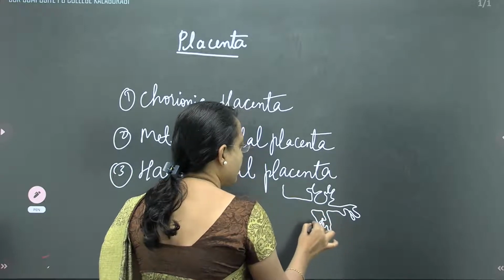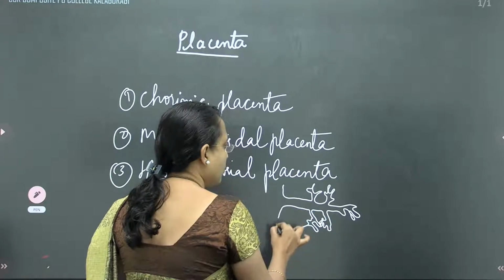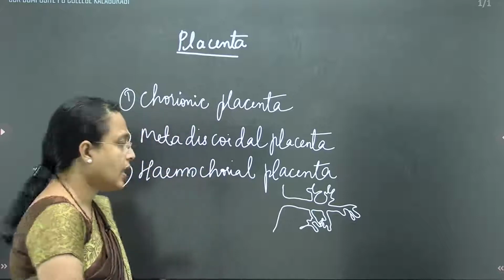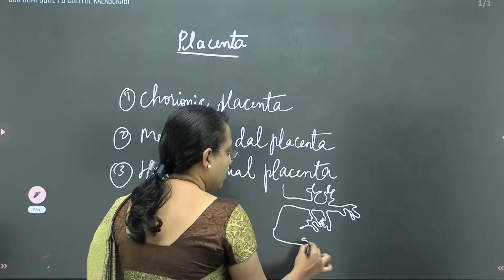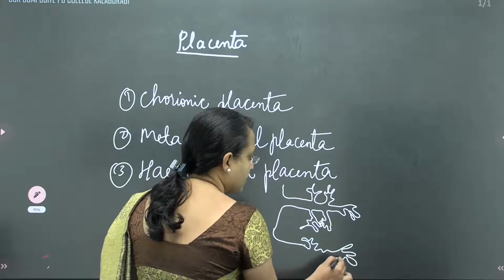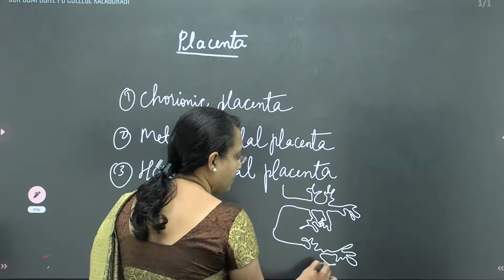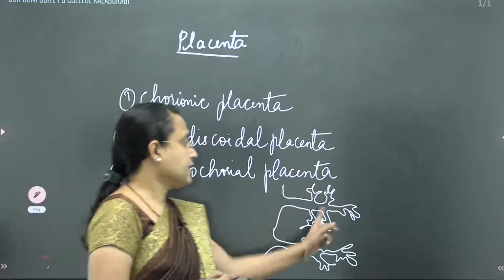So this is the highly branched placental villi. Similarly, such type of villi are also going to be there. There is no just one placental villi. So these are placental villi.